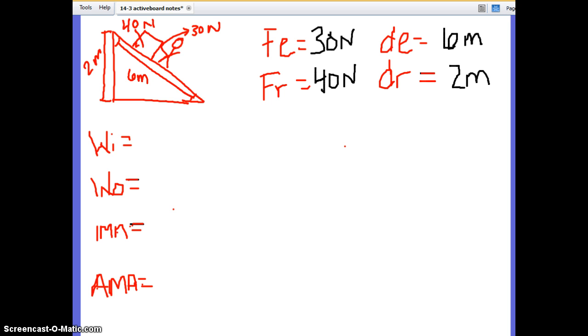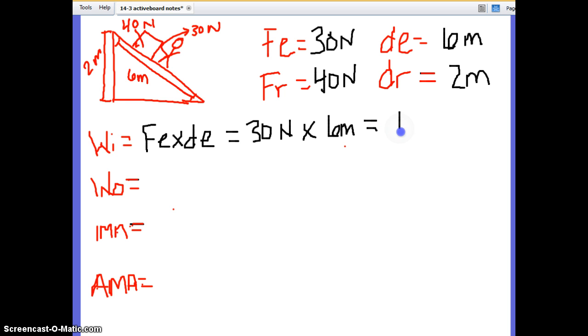First, you'll always want to write down the equations. So work input is equal to FE times DE, which will be 30 newtons times 6 meters, which was gotten from up top. 30 times 6 is 180 joules.